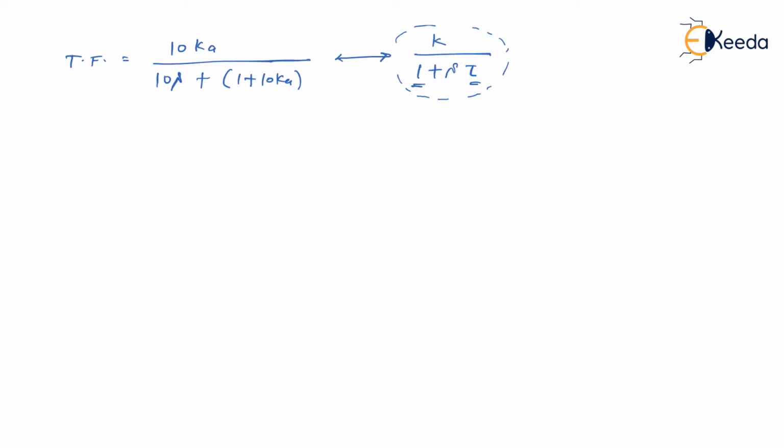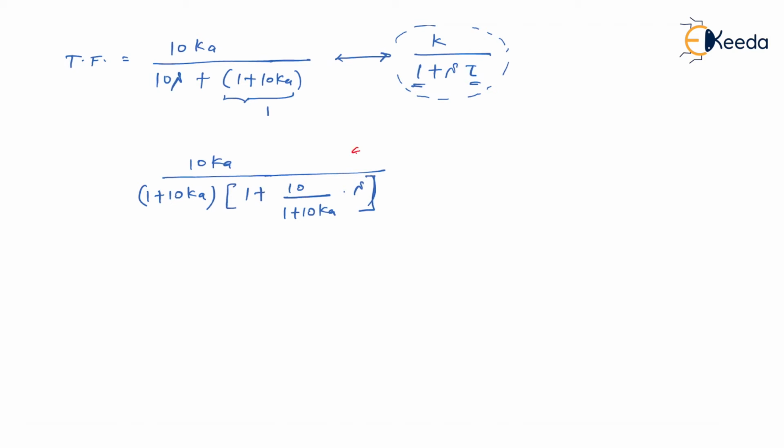So I'll convert this into that form by taking this factor outside. So what I can have is 10 Ka divided by 1 plus 10 Ka, which I'm taking out. What remains inside? 1 plus 10 divided by 1 plus 10 Ka into s.